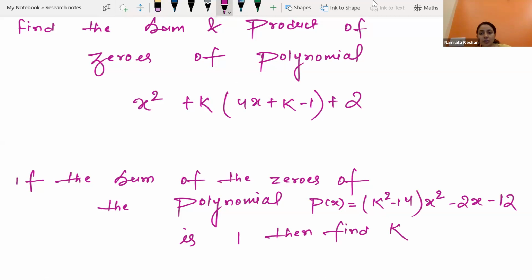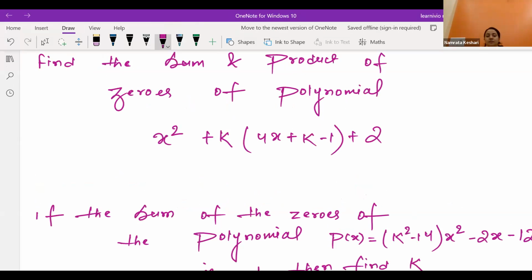Yes, what are you getting? Minus 2 by 3. Sum of the zeros is minus 2 by 3, and product of the zeros is 1.